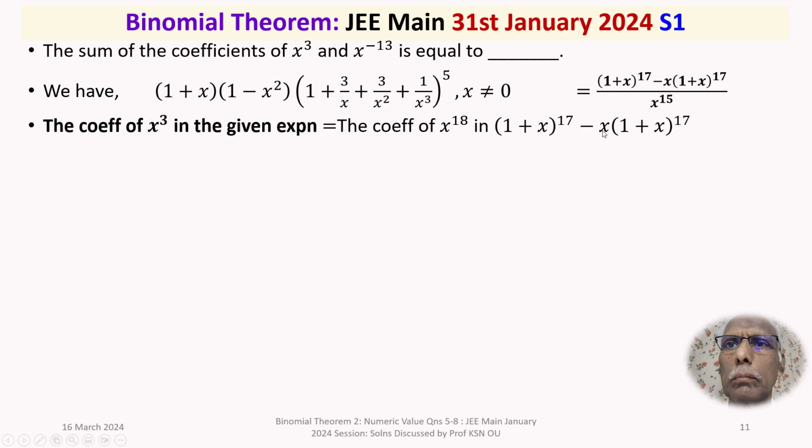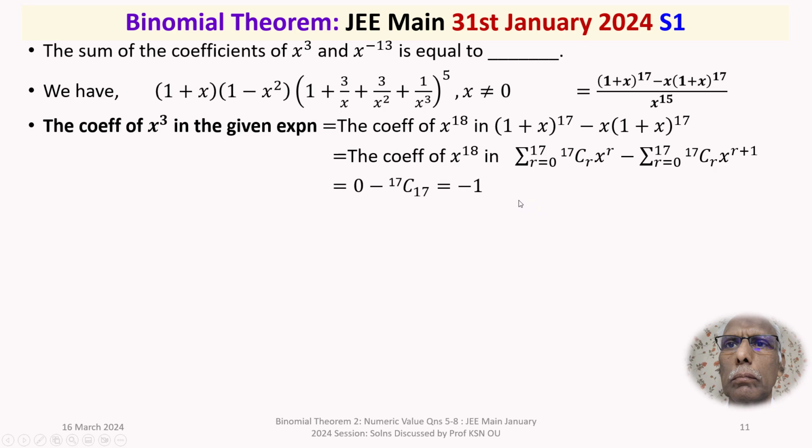Now x¹⁷ multiplied by x is x¹⁸, and the coefficient is -1. So the coefficient of x¹⁸ is 0 - 1. So the answer is -1.